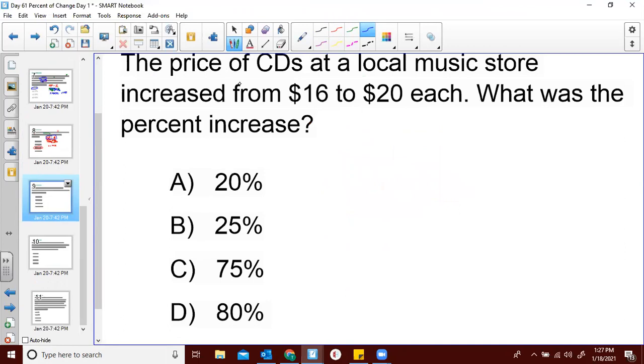All right, so the price of CDs at a local music store increased from 16 to 20. So again, we should get a positive answer. On my formula, if it increased from 16, that's going to be my old, to 20 will be my new. Write these in different colors. And I just plug in what I know.